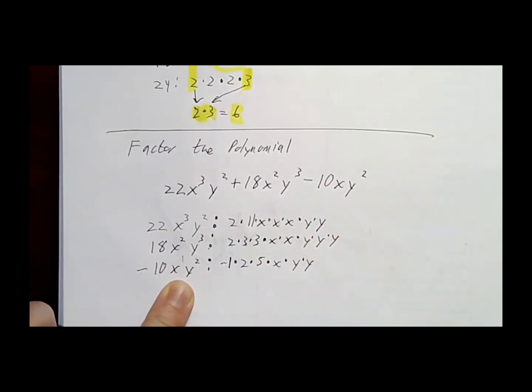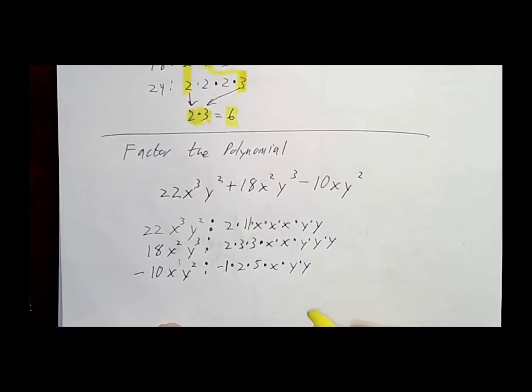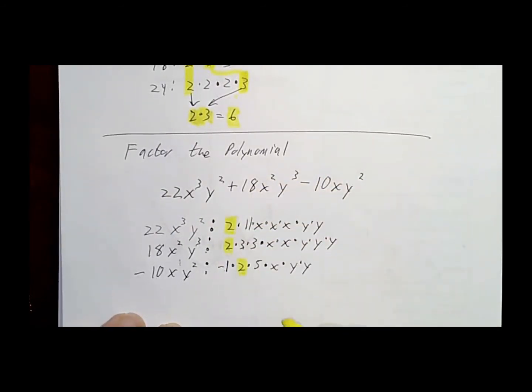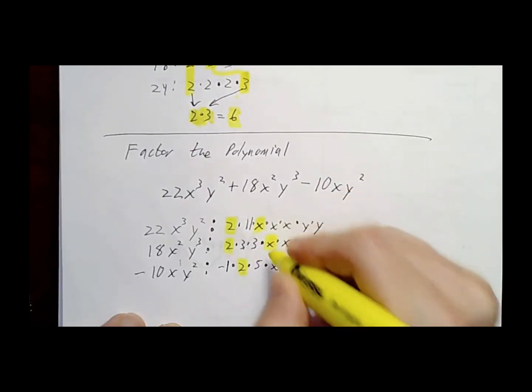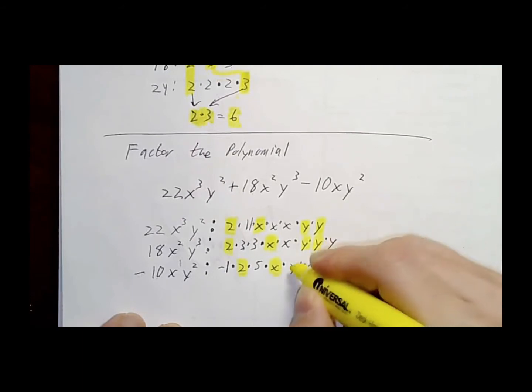So now I'm going to come through with my yellow highlighter and find everything that all 3 of these terms have in common. They all have a 2 in common. They all have a single x in common, and they all have 2 y's in common.